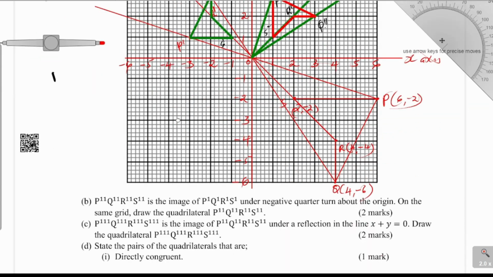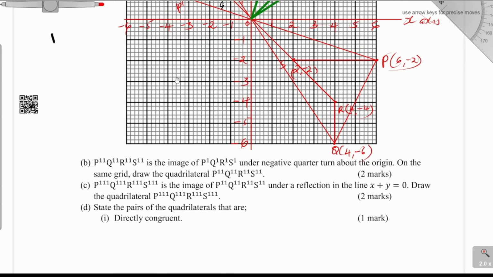The next one is part C. P3, Q3, R3, S3 is the image of P2, Q2, R2, S2 under a reflection in the line x plus y is equal to 0.